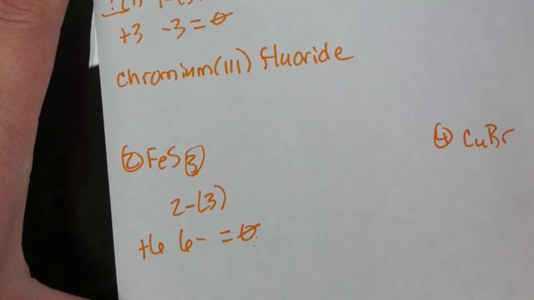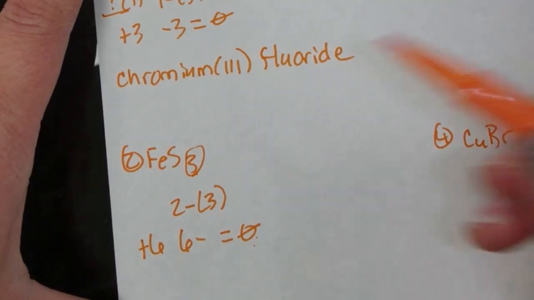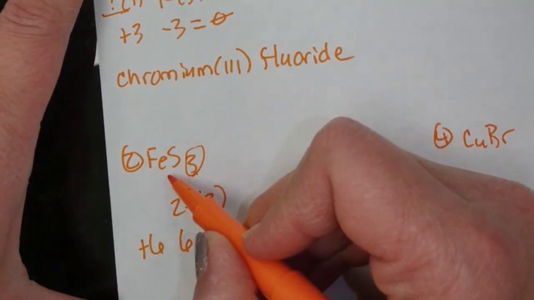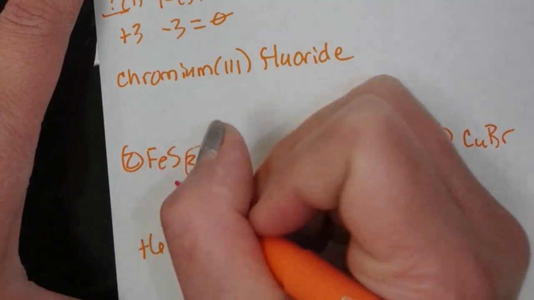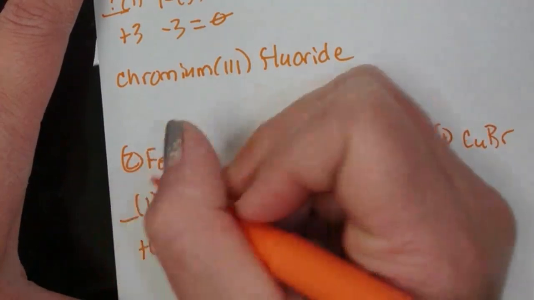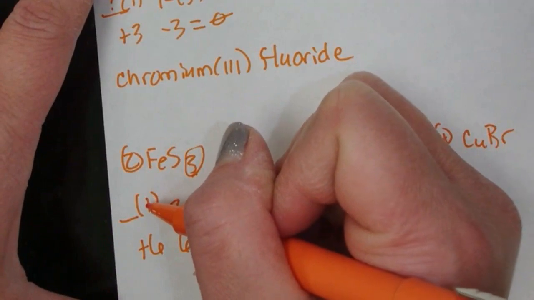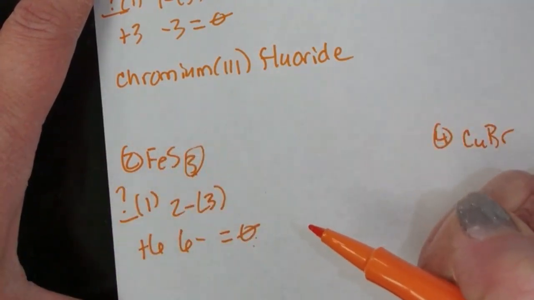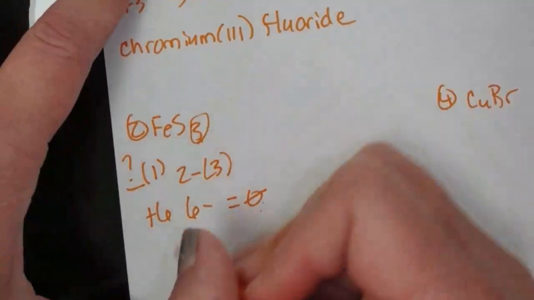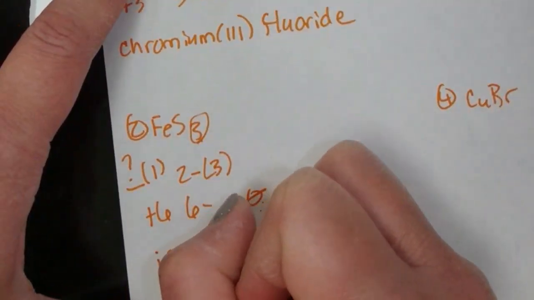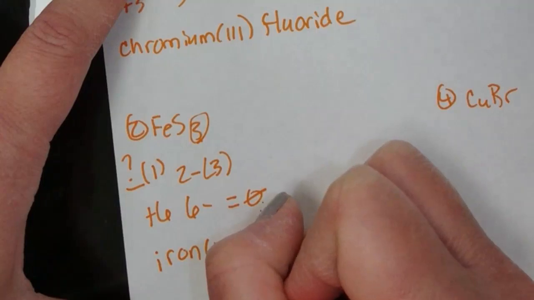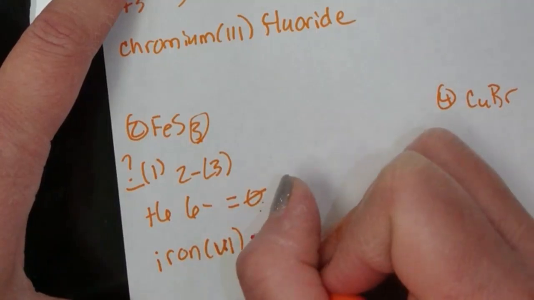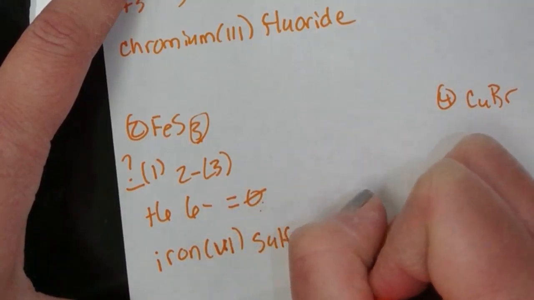How many irons do I have? The answer here is I have 1. So what times 1 is 6? And the answer is 6. Iron 6 sulfide.